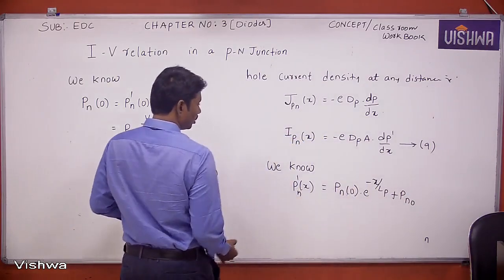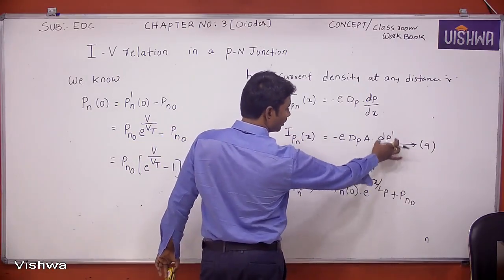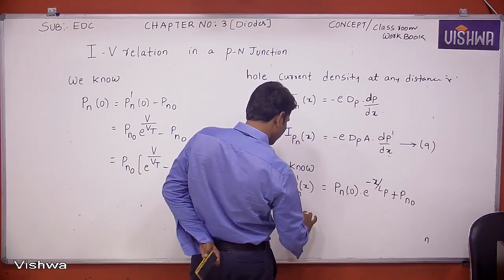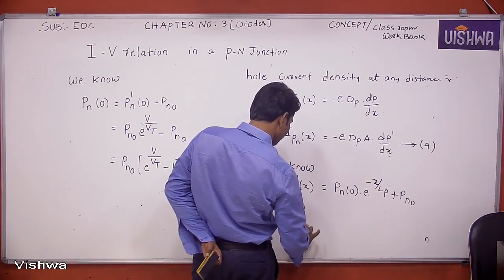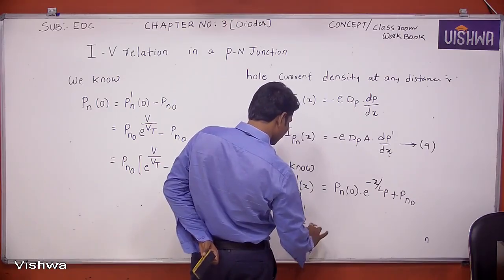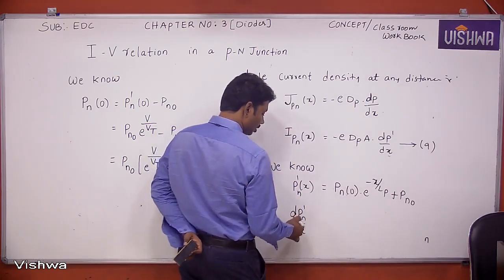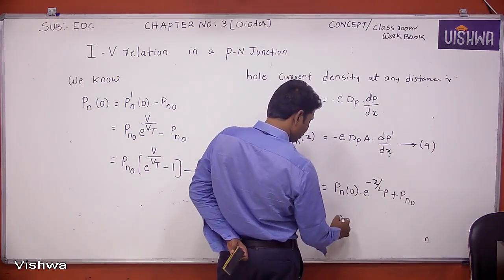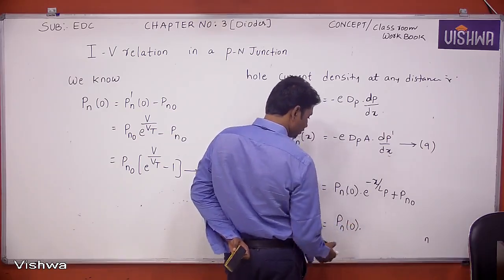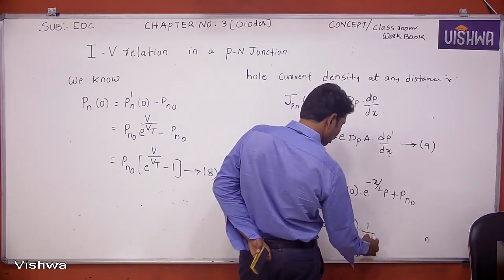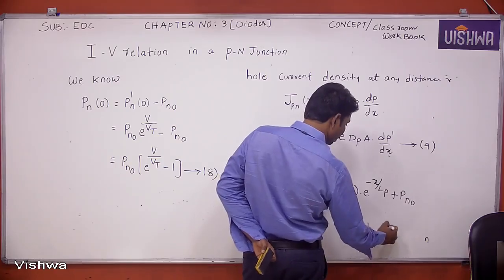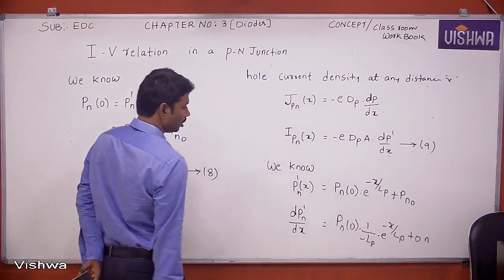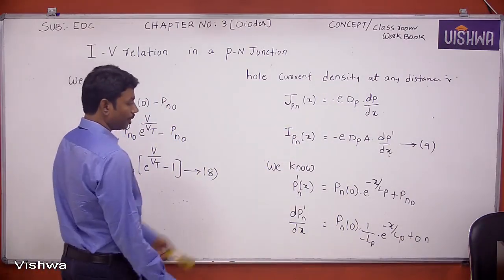Differentiate this equation with respect to x because we want dp by dx, right? Then dPn by dx is equal to, what is the differentiation of this term actually? This is simply Pn of 0 into 1 by minus Lp into e power minus x by Lp. What is the differentiation of the term Pn naught? 0, right? Yeah, copy up to here.